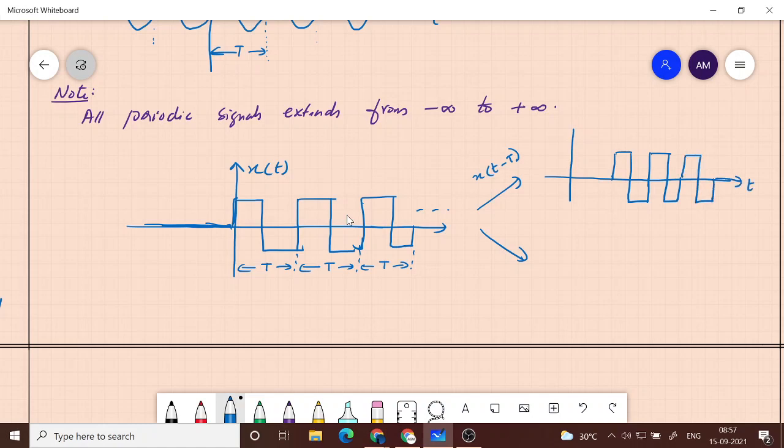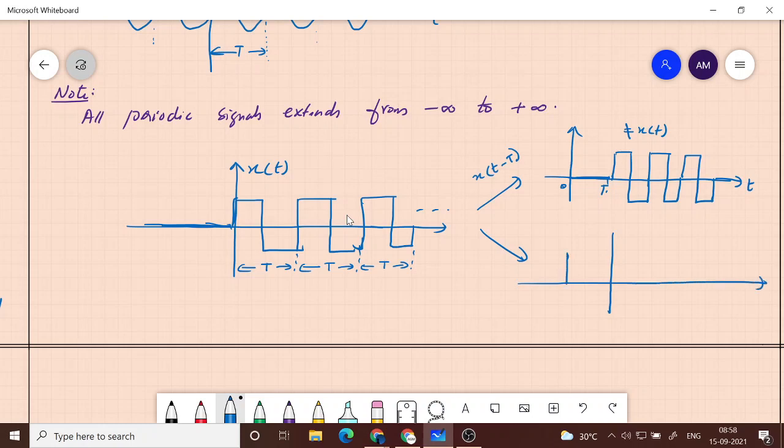So this is what we will get. That means from 0 to T it is 0, whereas in the original signal from 0 to T we have a square wave which is absent here. So the shifted version is not the same. So this is not equal to x of t.